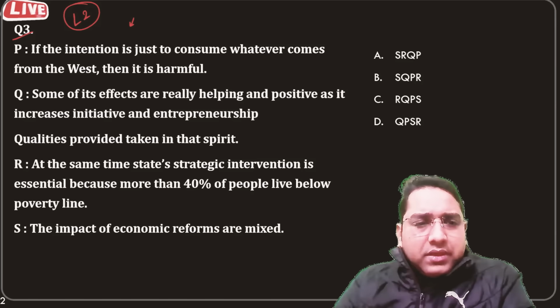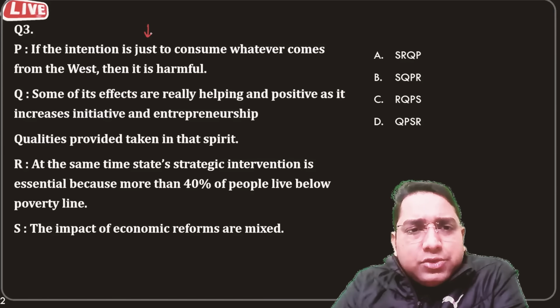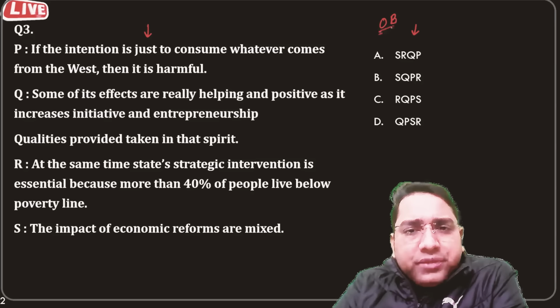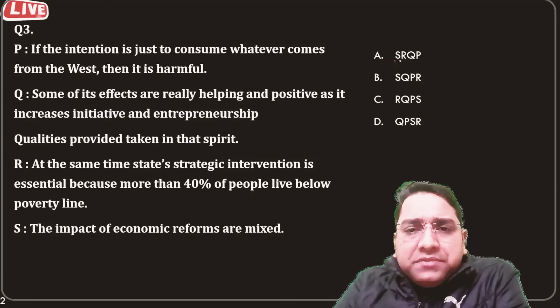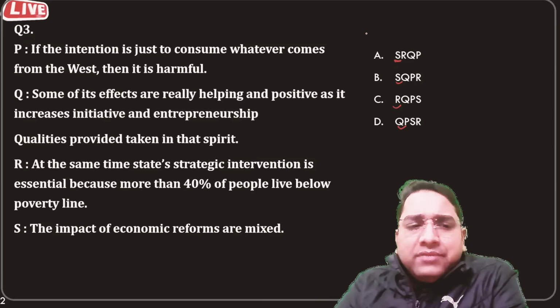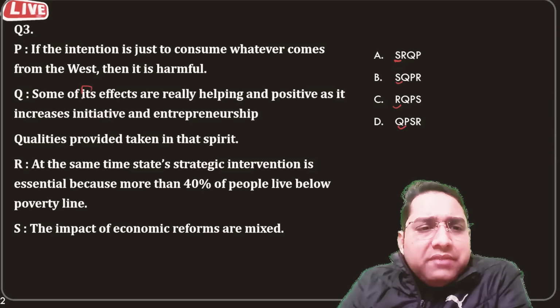See, when you have these lines to arrange and options are given, always start from the options. This is called the option based approach. According to the options, the first line can be S or R or Q. That means you don't have to read the P. Let's see, "Some of its effects."